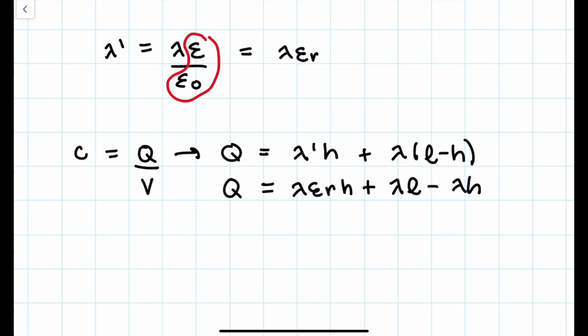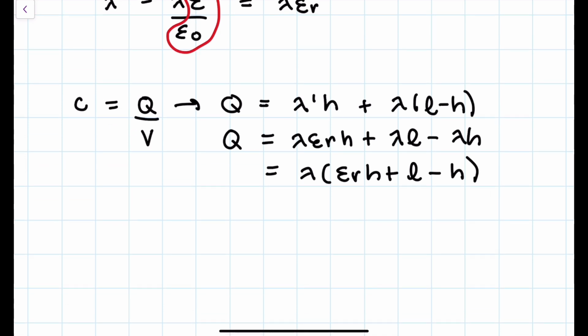Now we can pull out some stuff on this side. If we pull out a lambda, we could leave our answer in terms of the relative permittivity, but we are given the susceptibility, chi E, so we can conveniently pull out an h here.